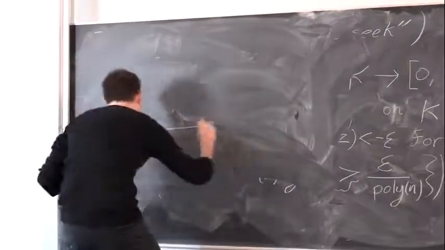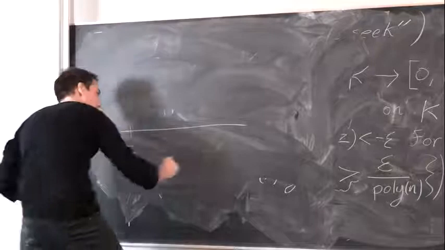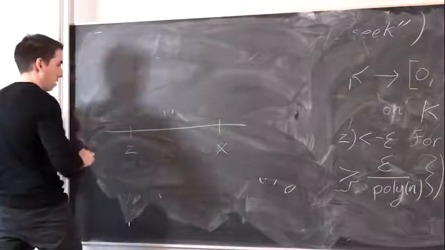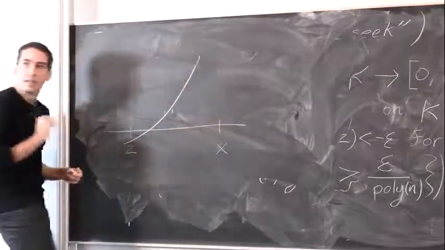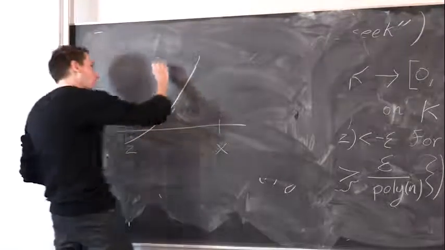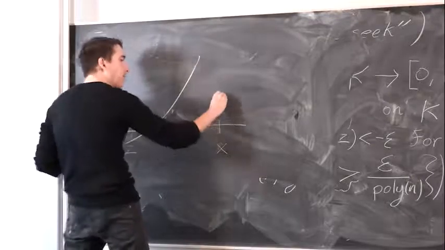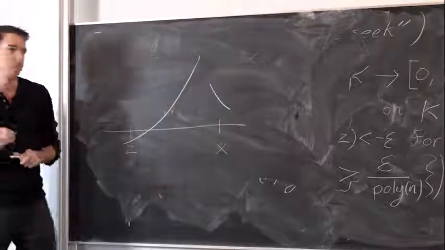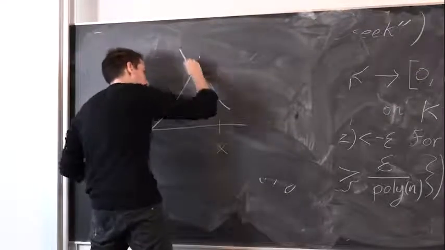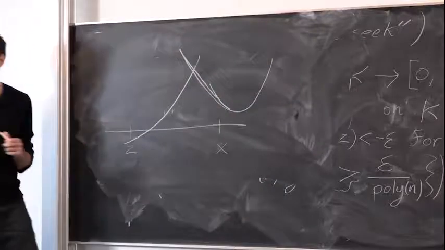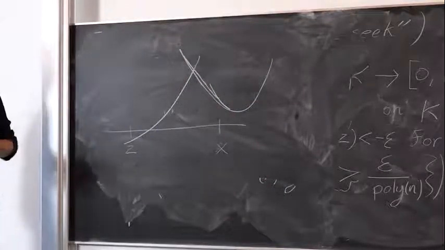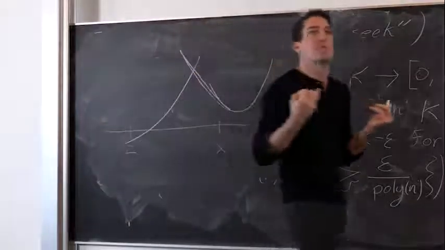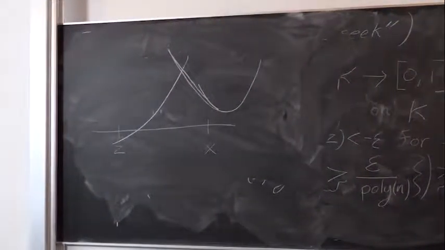So just on the restriction on this line, we have the point z, we have the point x, and we know that g looks like that. And what we know about f is that the gradient above this point is going this way. So this is f. And on this one-dimensional fiber, we can just invoke the previous one-dimensional argument.